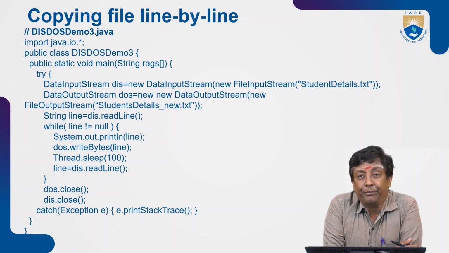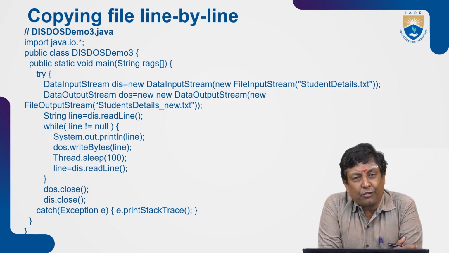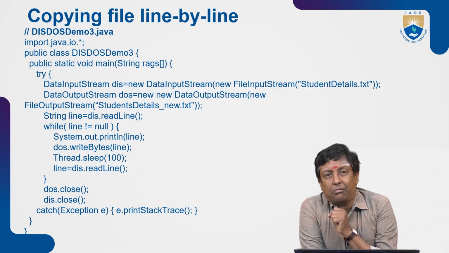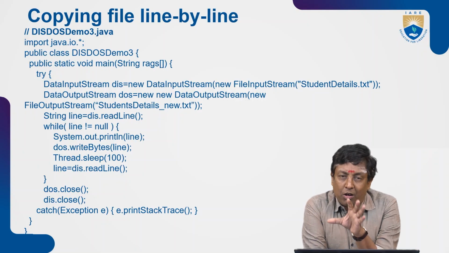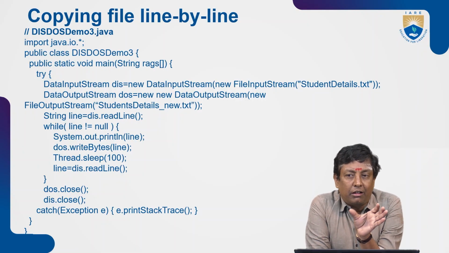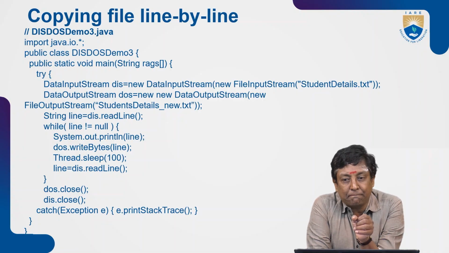Why are we coming to the data input stream? Reading from a file using file input stream and writing into a file using file output stream is okay for smaller files, like files of a couple of bytes to a couple of KBs to less than MBs.